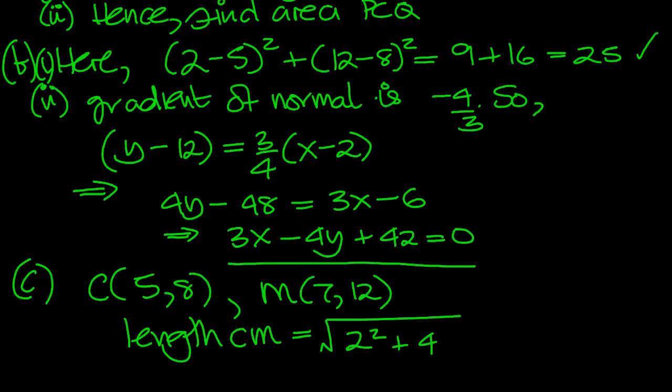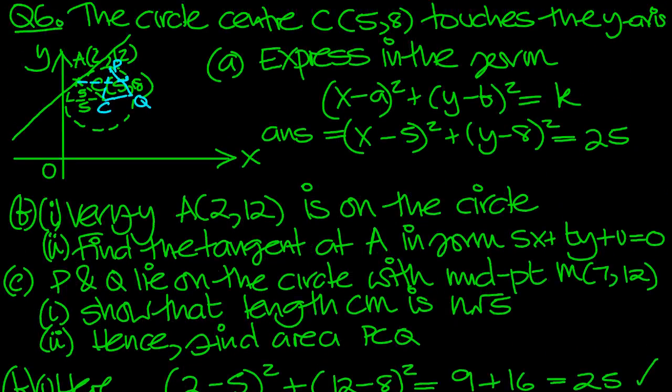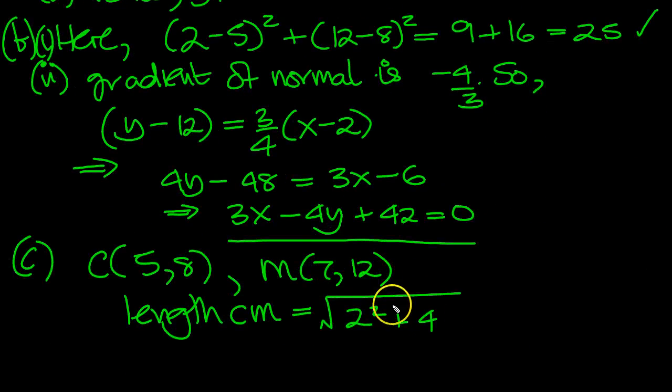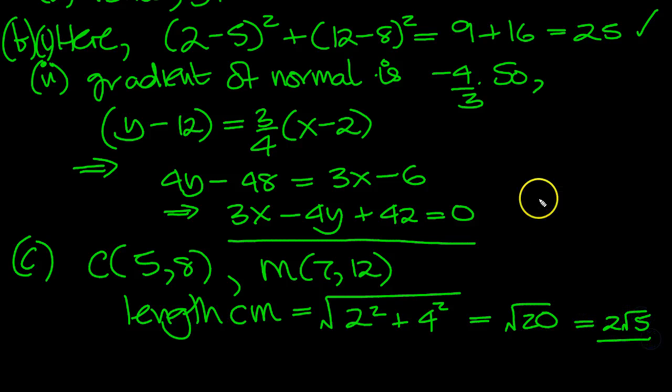Let's just check M is (7, 12) and C is (5, 8). That's fine. 4 squared is 16, plus 4 is 20. And we square root using Pythag: root 20, which is equal to 2 root 5, which is what we wanted to show.